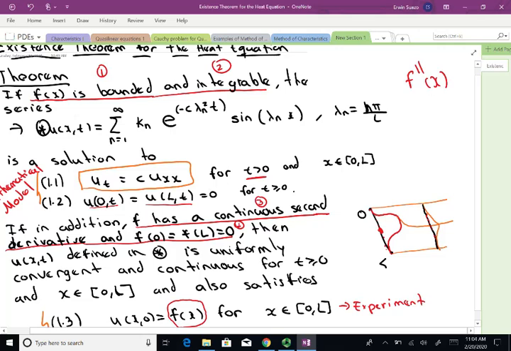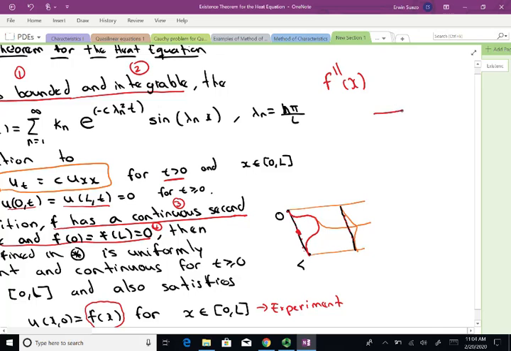For example, what are not good f? This is not a good f because, at least for this theorem, you cannot find the second derivative. If you find the derivative of this, it's going to be minus 1 and 1.